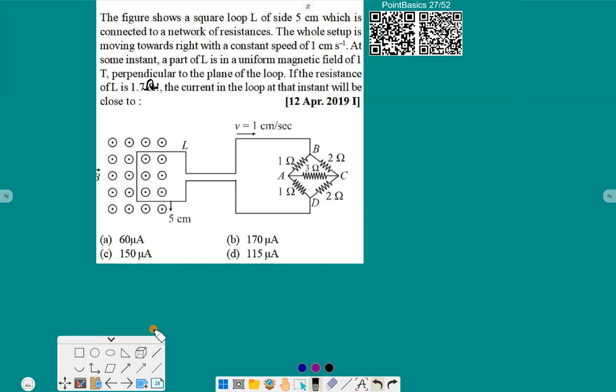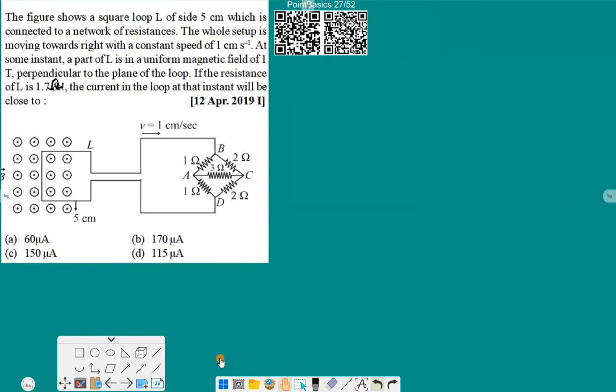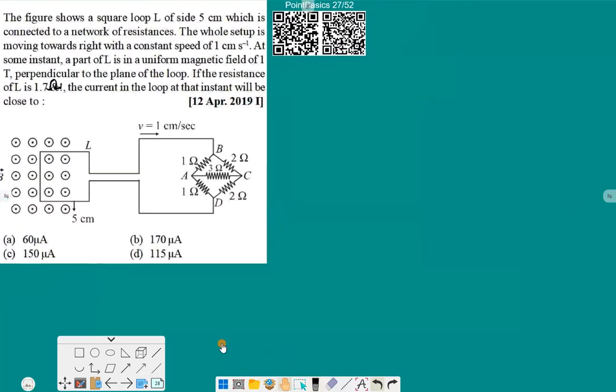So first of all, this question consists of two parts. One is electromagnetic induction, where we have to find the induced EMF, and second is the network of resistances.